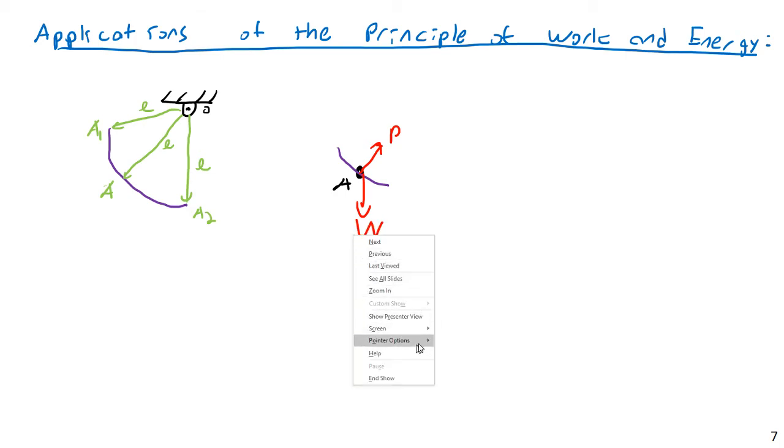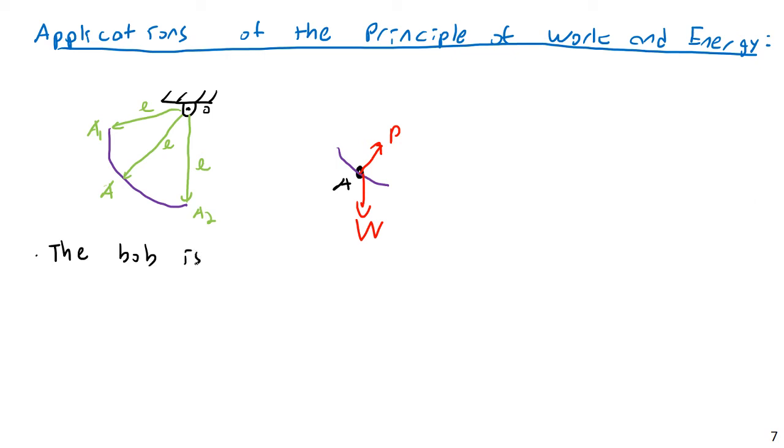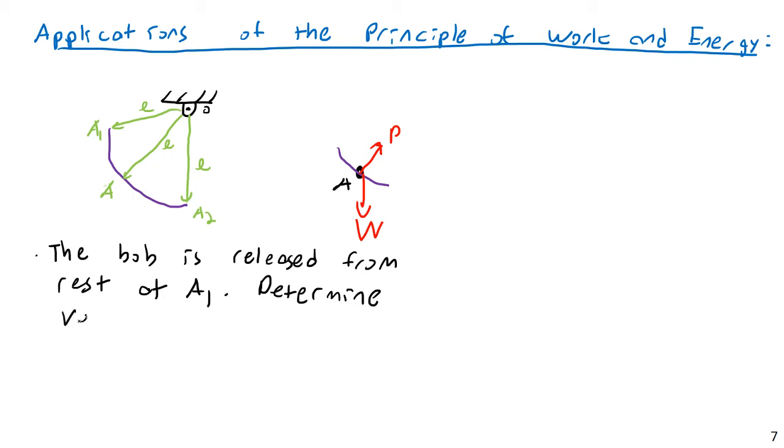So, again, let me label something. The bob is released from rest at A1. Let us analyze what happens and determine the velocity at A2.